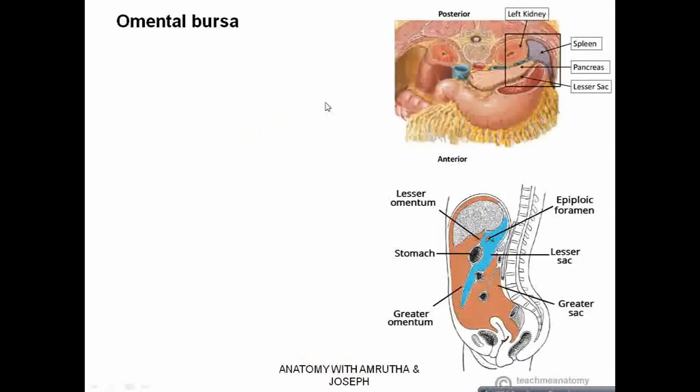Now what is omental bursa? Omental bursa is a sac-like area which is present behind the lesser omentum and the stomach. So this area, what we are talking about, is the lesser sac or the omental bursa.